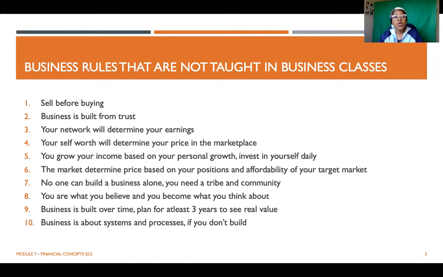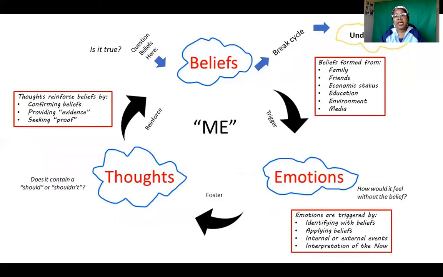Number 8, you are what you believe, and you become what you think about. So what do you believe in? I spoke about that in the previous session, module 7, that your beliefs come from your family, your friends, your economic status, your education, the environment where you come from, and the need, how you are interpreting that data, that information.